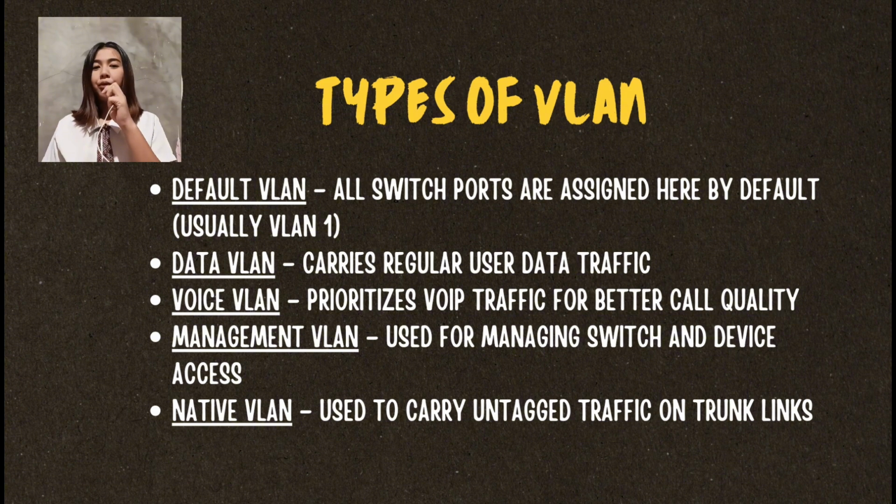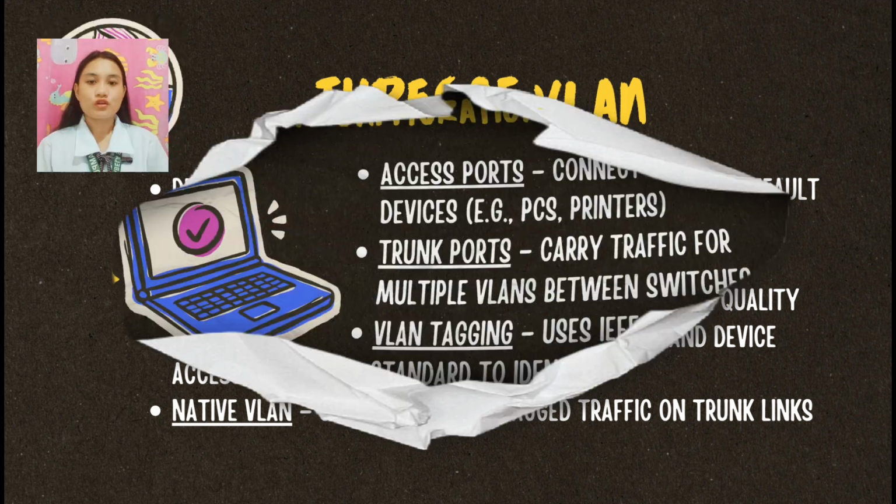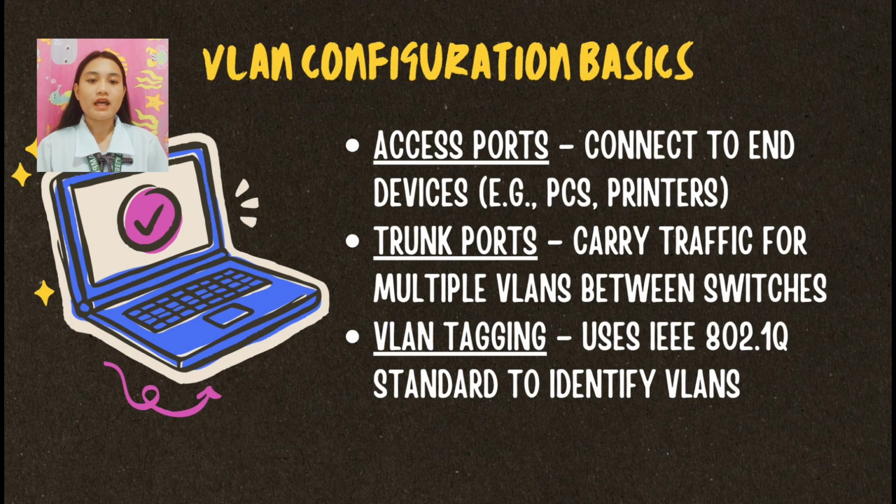Now that we know the different types, let's look into the basic configuration concepts of VLANs. To configure VLANs properly, we must understand three key components. Access ports: these connect directly to end devices such as PCs or printers. They belong to a single VLAN.